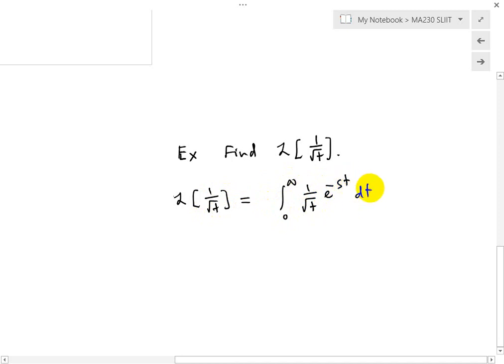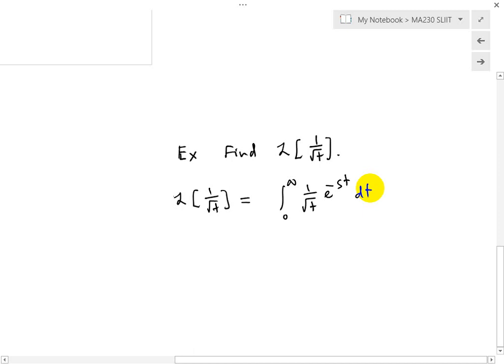All you have to do is do this integration. But if you try, this is actually a hard one, so let's talk about this kind of question so that you have some idea.